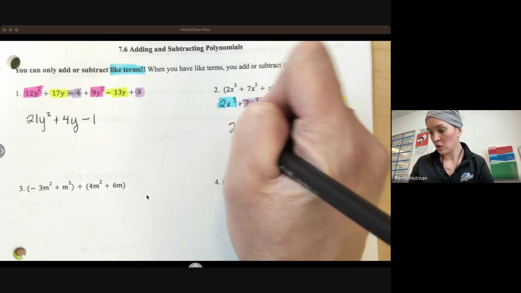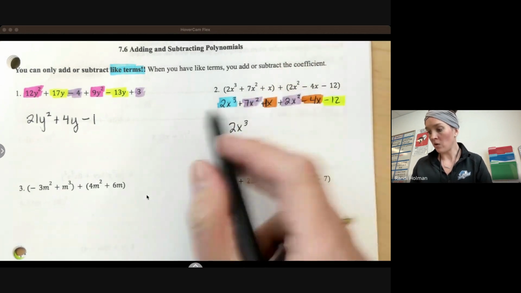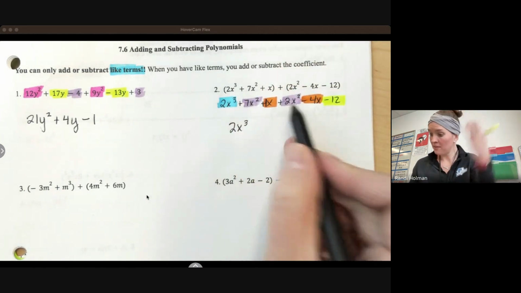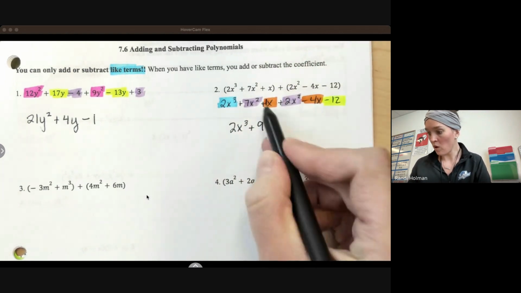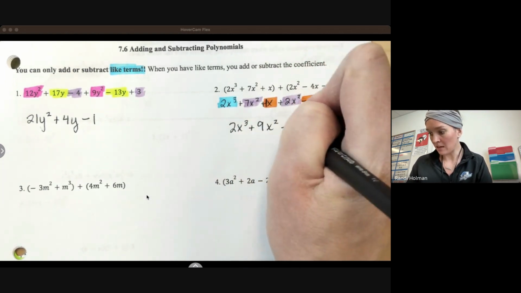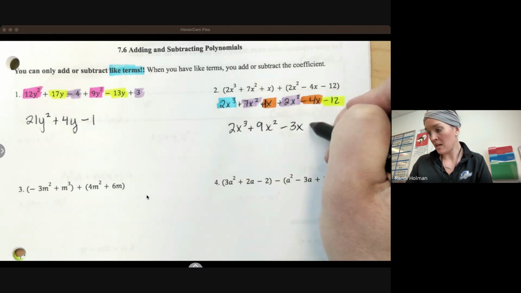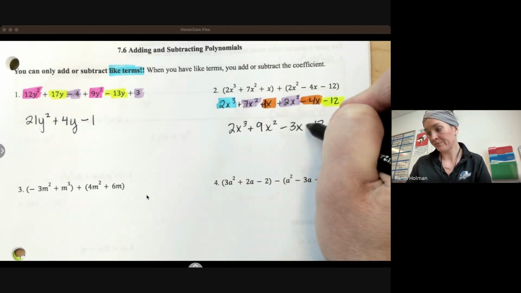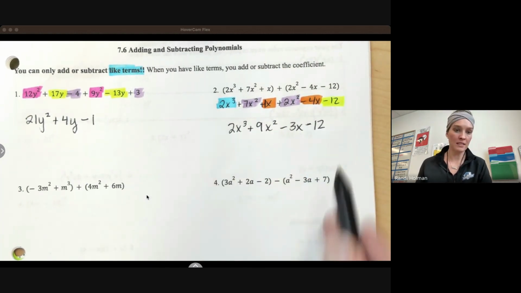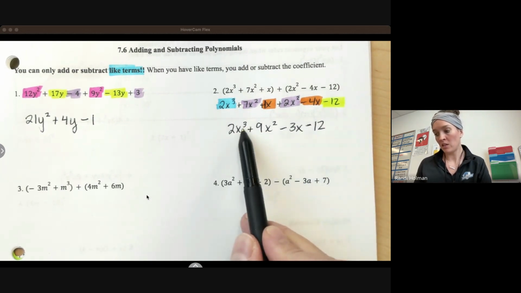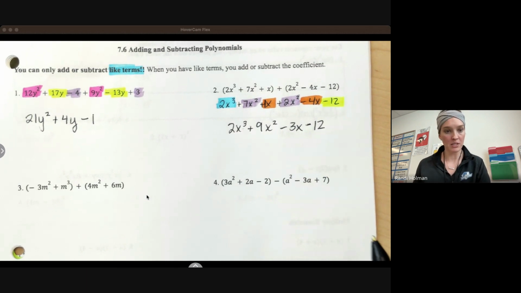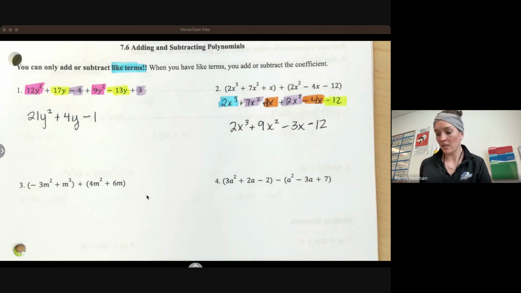So we're going to put 2x cubed, the only x cubed I have. 7 and 2 is 9x squareds. 1 minus 4 is negative 3x. And then minus 12. Again, check to make sure, is it in standard form? If it is, you're good. All right, this is a cubic polynomial. We have 4 terms there, and that's all we've got.